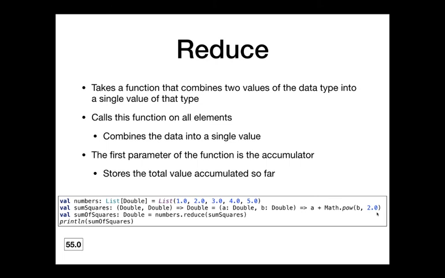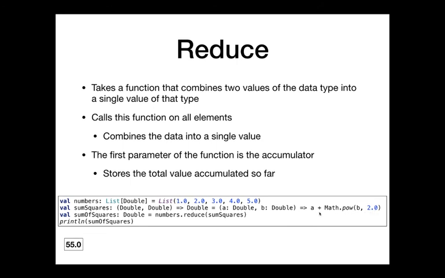I have doubles here, so my accumulator is initially 0. And then this function is going to be called on the first element of the data structure. So when I call reduce of sum squares, the very first call to my sum squares function is going to have a equals 0 and b equals the first element of my list.